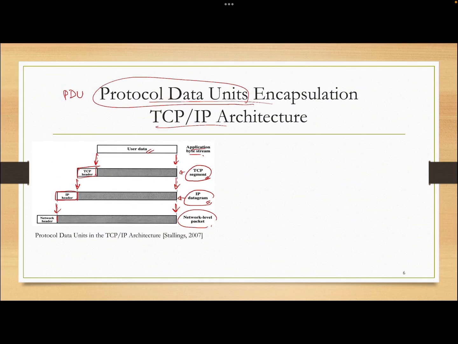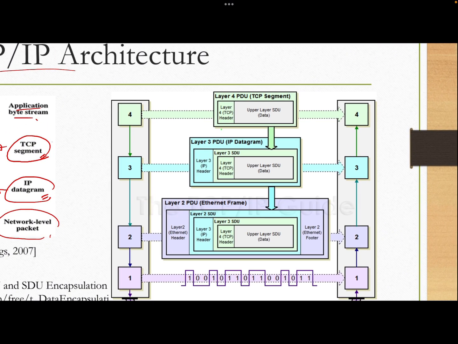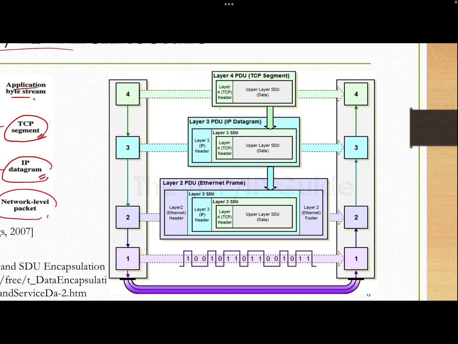Now if you want to look at it in more detail, maybe in a more beautiful picture, this is the TCP segment. You have the TCP header, and the upper layer data, and then you go down through the layers, 3, 4, 2, 1.